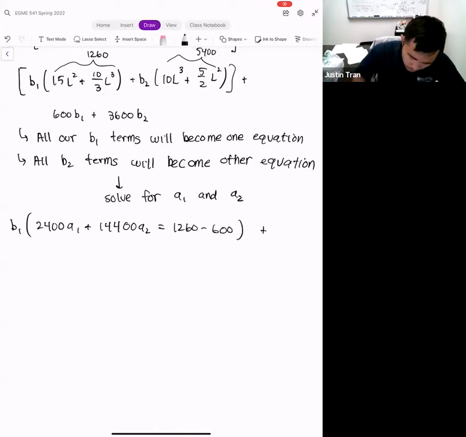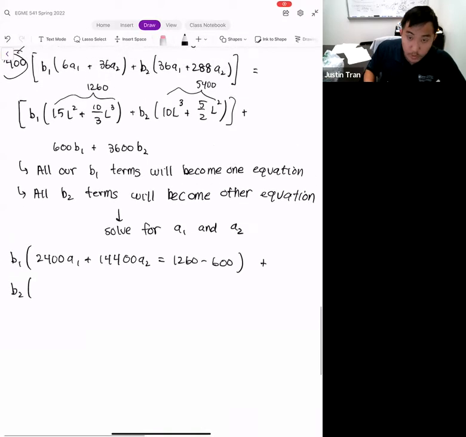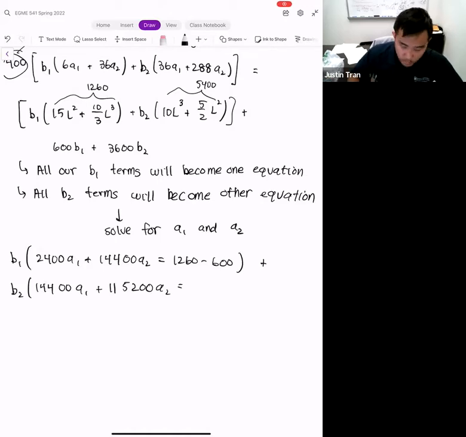So that's our first equation. Then we have B2. We combine all the B2 terms together, and we end up with 14400 A1 plus 115200 A2.